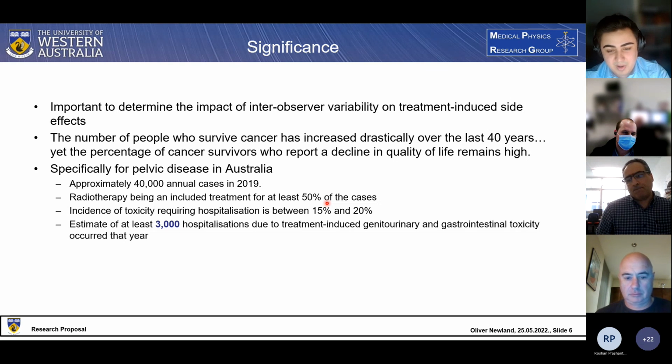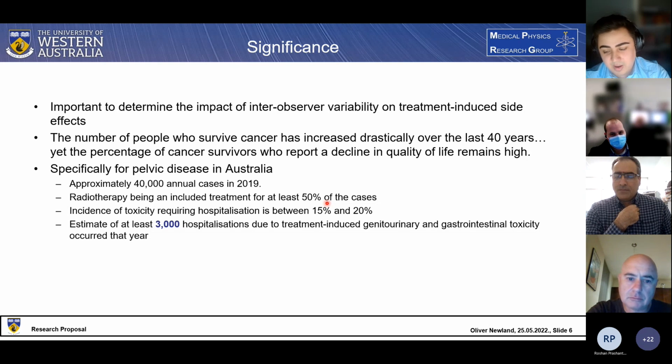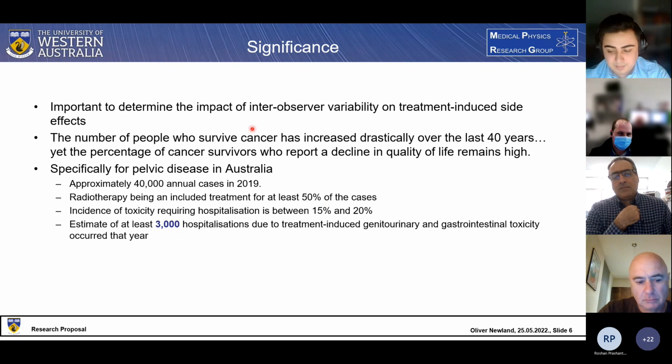Then obviously there would be an increased need to reduce that because it would be the dominating factor in these bad patient outcomes. So there might be more strict guidelines in the contouring process or more research into automatic segmentation, that kind of thing. Great, thank you.